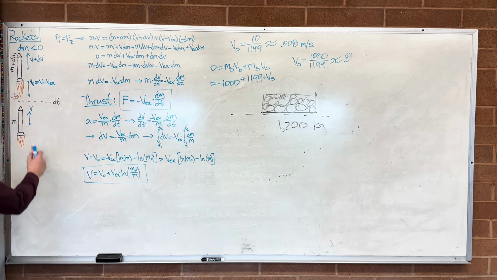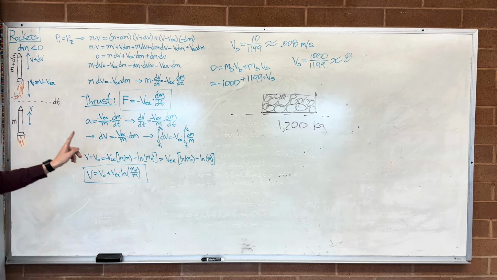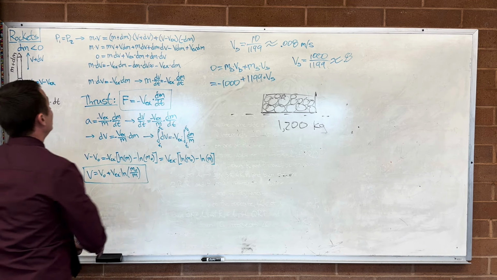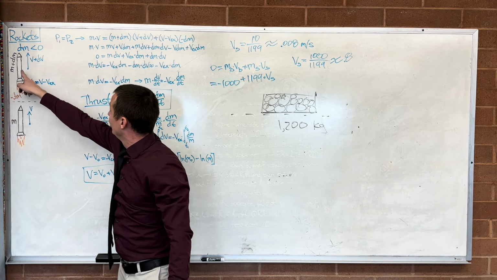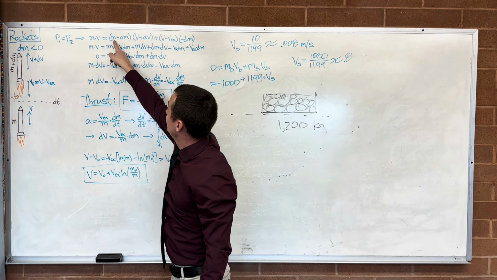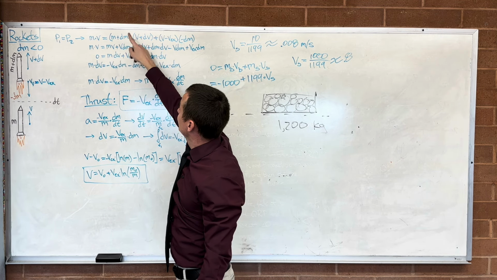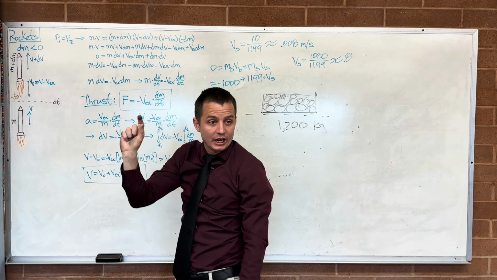What's our momentum down here? Whatever it is, mv. What's our momentum here now? Tracking all the same mass that we had before. It's going to be the momentum of the rocket, which is m plus dm, our new mass, times v plus dv. dm is our small change in the mass.